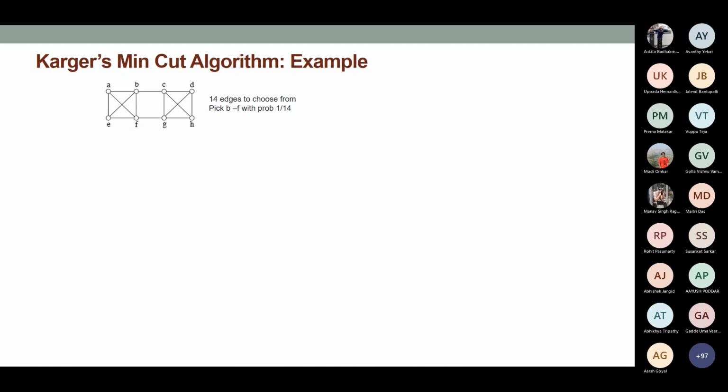Now you have to contract the edges. The principal idea behind this algorithm is called edge contraction. So you have to contract the edge B and F. How does this happen? If I contract this, something is going to happen. You put B and F together.